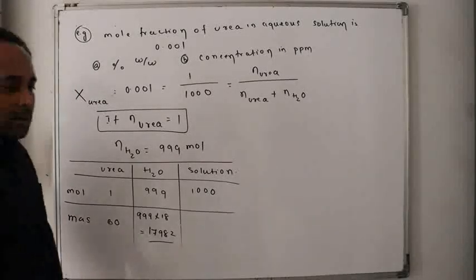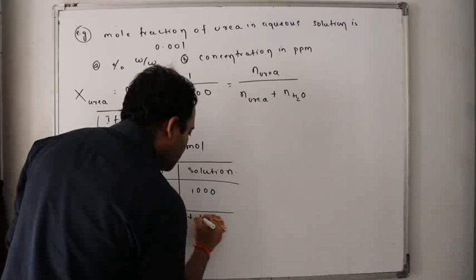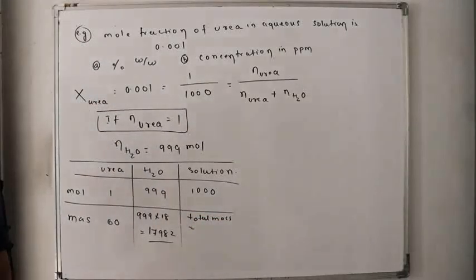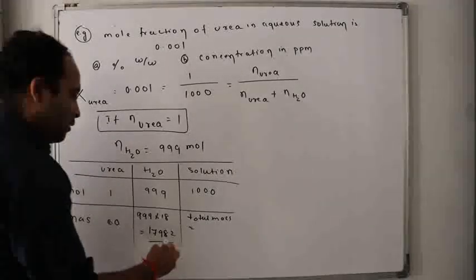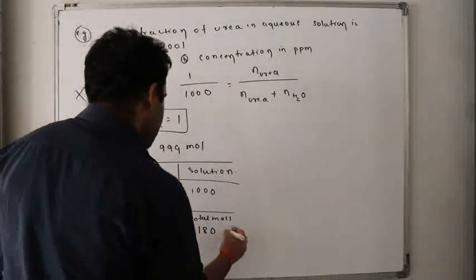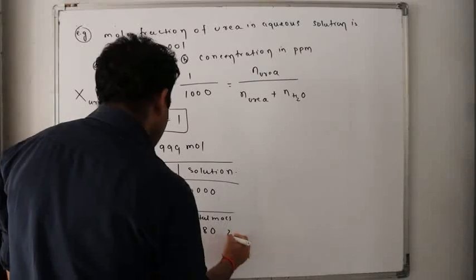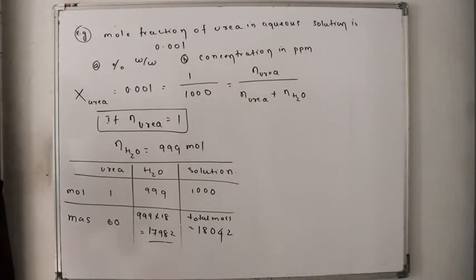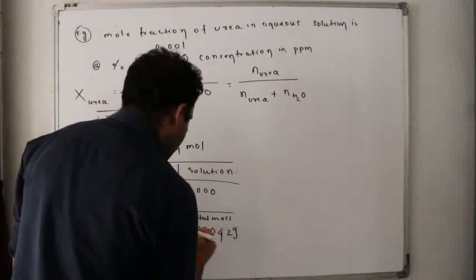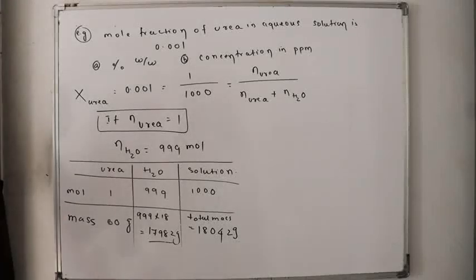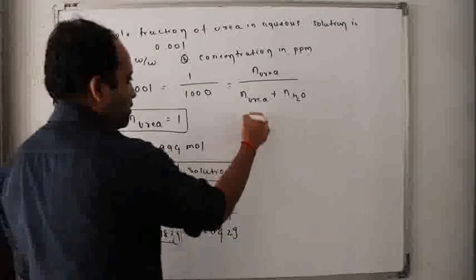Next, total mass is this plus this, so it is 180. Well, how to find? 180, 82 into 6, right? 2, 15 is 18042 grams. Yes or no? Easy?